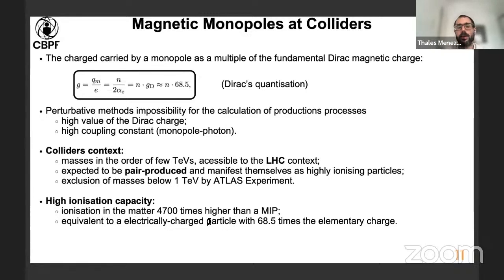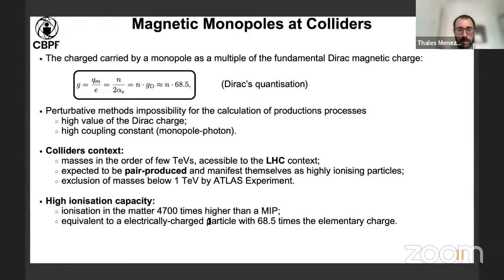And we find that a magnetic monopole is equivalent to an electrically charged particle with almost 70 times the elementary charge of the electron, for instance. With this peculiar behavior, we have a particle with a high ionization capacity, on the order of 5,000 times that of a minimum ionizing particle.